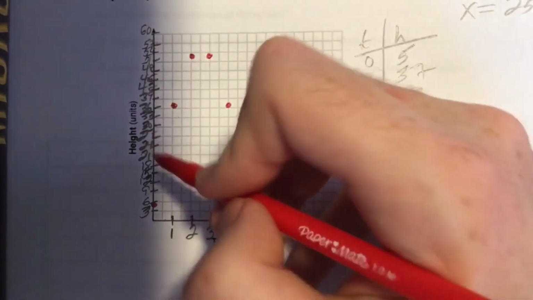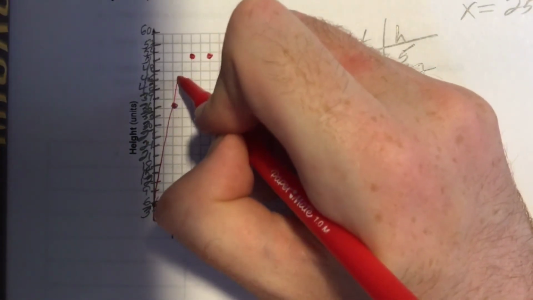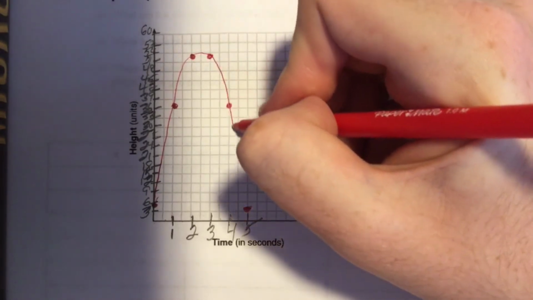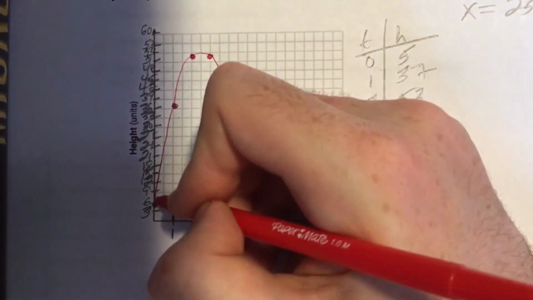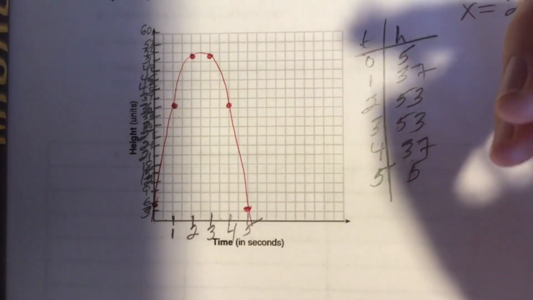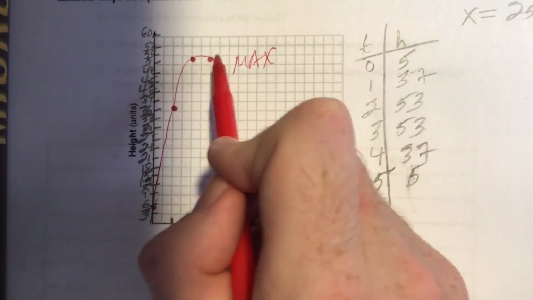And then you're going to connect this, not with a ruler and straight lines, but with a U shape, a downward facing U, a parabola. And then now you can see what the graph would look like. If we're asked about the max height, that would be where the vertex is.